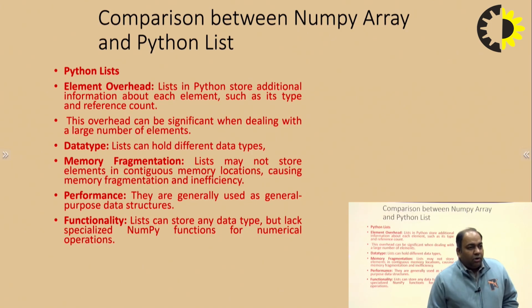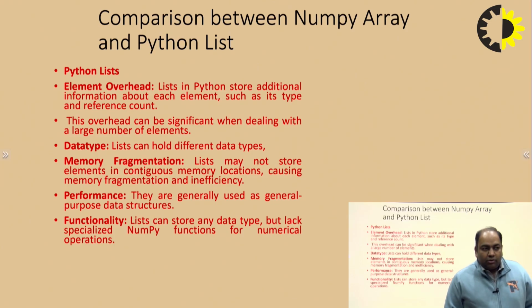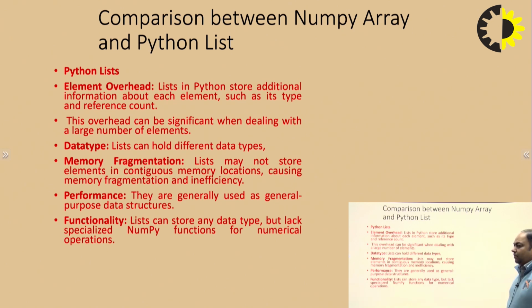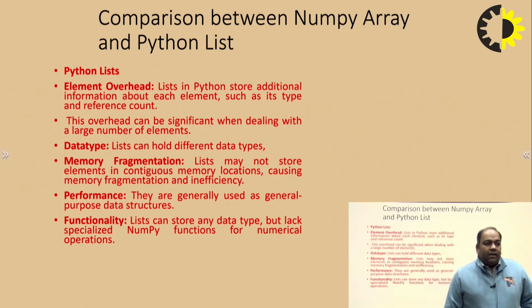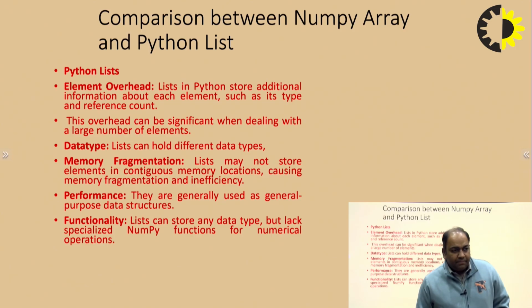A Python list can hold different data types. The list may not store elements in contiguous memory, which causes memory fragmentation, and it will not work very efficiently with large numbers of elements. Its performance is not suited for very fast processing.